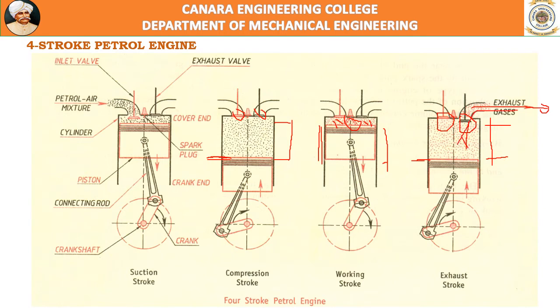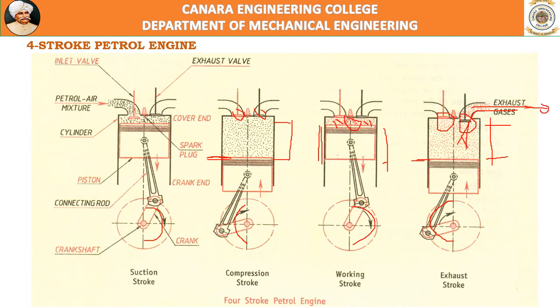So during each stroke of the piston, the crank rotates 180 degrees. Suction stroke 180, compression stroke 180, power stroke 180, then exhaust stroke 180. Totally, the crank rotates 2 rotations. The piston makes 4 strokes, and the entire cycle is 1.